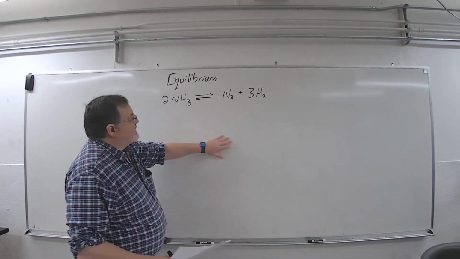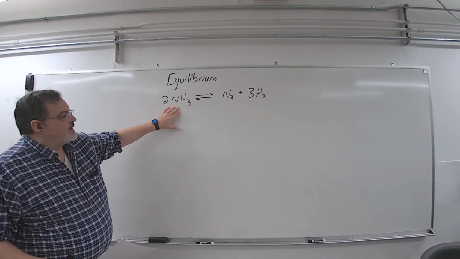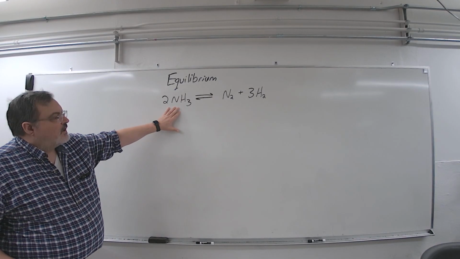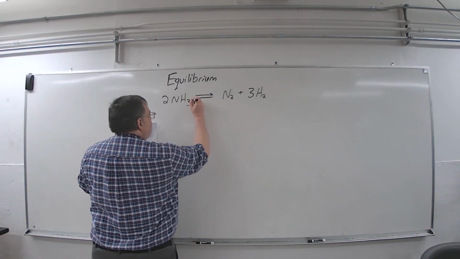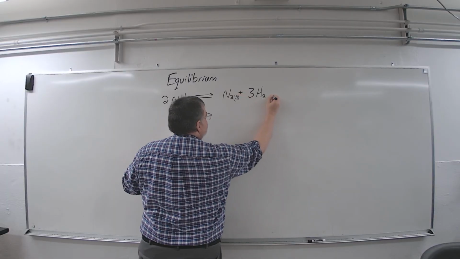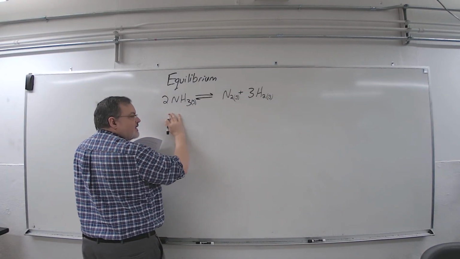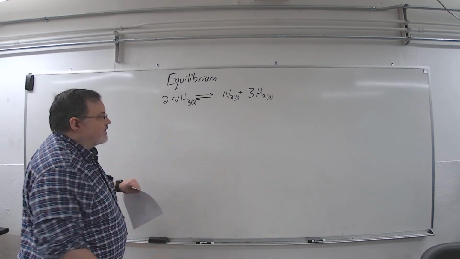The equilibrium is saying that if you put this by itself into a reaction chamber, and since these are gases, you seal it up, some of this will become this, but there will be a good bit of this still left over.